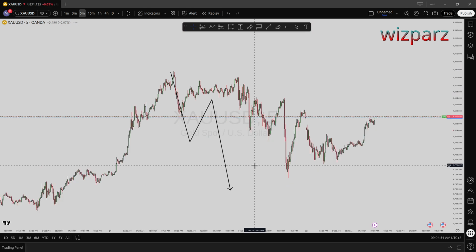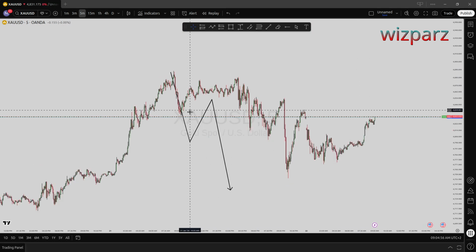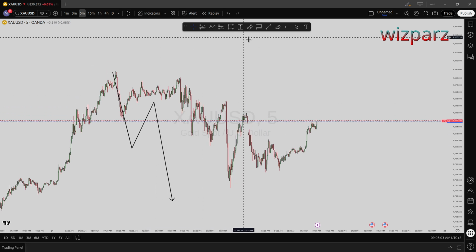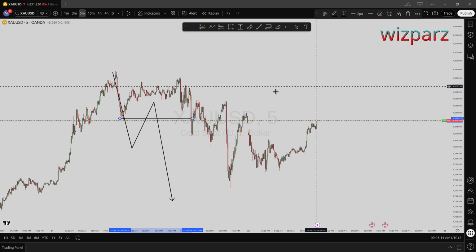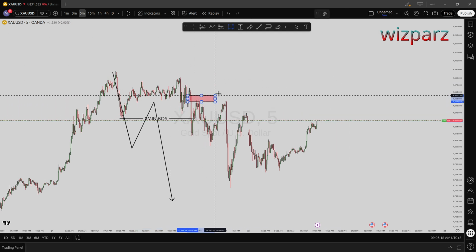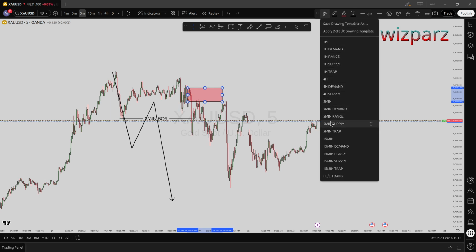And gold, yesterday I mentioned that we can wait for price to make a 5 minute change of character, and after that we have seen a change of character here, then price has retraced back to this change of character here, and the major 5-minute supply.